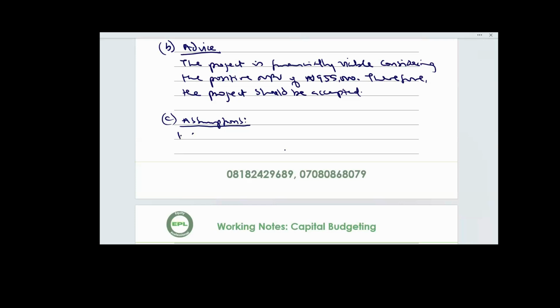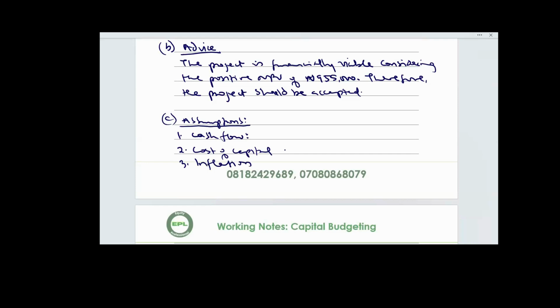Number 1, you talk about cash flow. Number 2, according to the question, we are given cost of capital, so you can talk about cost of capital. Number 3, according to the question, we're also given inflation.